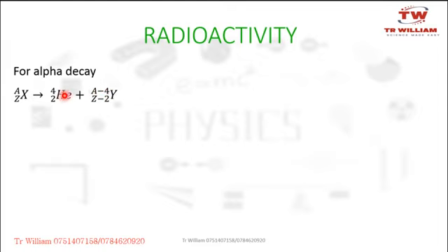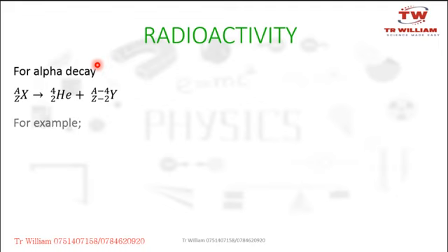Why? Because it lost 2 protons and 2 neutrons. The atomic number will also reduce by 2, because it lost 2 protons. Remember, atomic number is the number of protons in the nucleus.